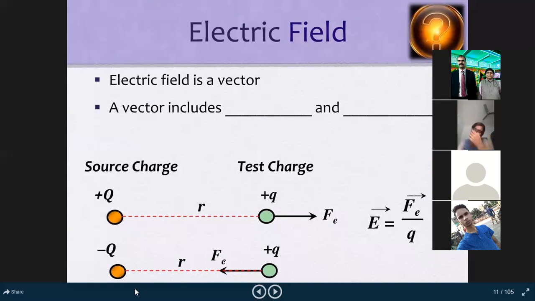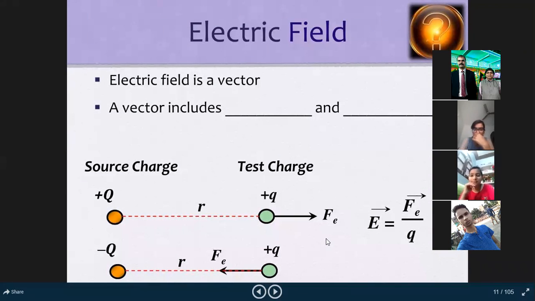In this case, this source charge is negative, and the separation of test charge and source charge is kept the same, that is r. But the difference is that in the previous case, the electric force was directed away from the source charge. In this case, the electric force will be directed towards the source charge itself. Therefore, the electric field will be directed towards the source charge. And these two charges are point charges, source charges.